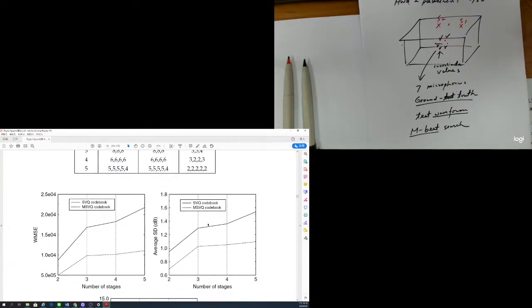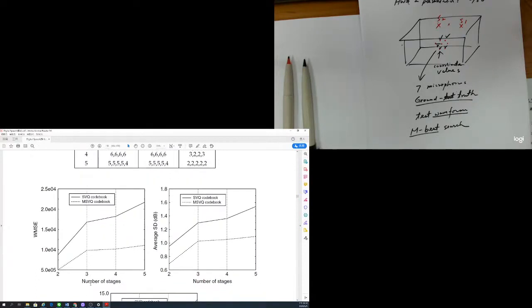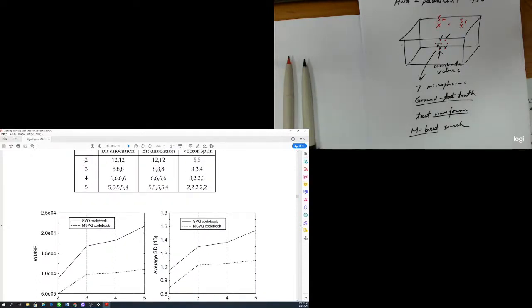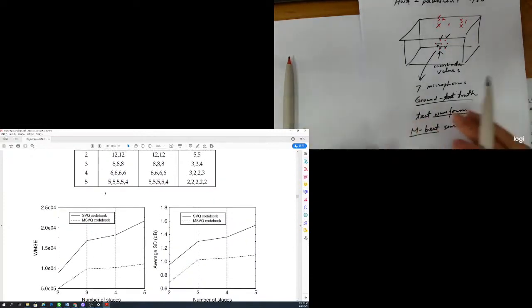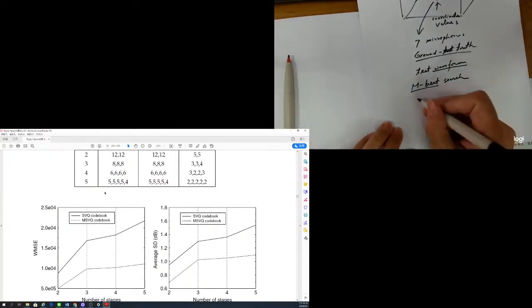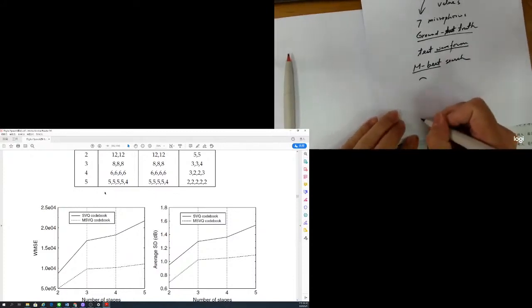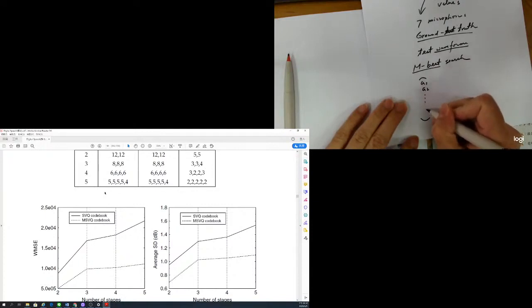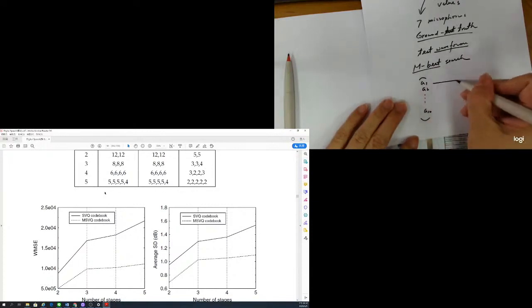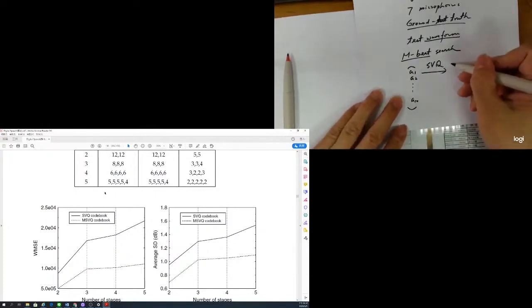So you can see the number of stages depends on how many stages you partition into. What's the number of stages? Our line spectrum coefficients are A1, A2, up to A10. Split vector quantization tries to partition into many subvectors.